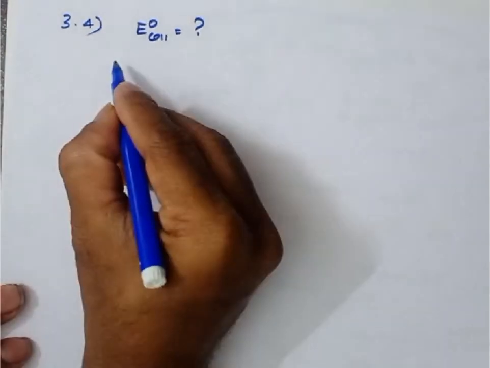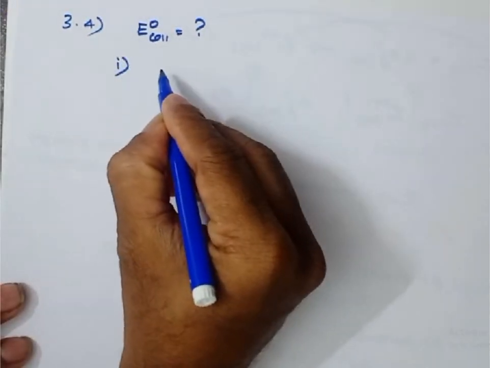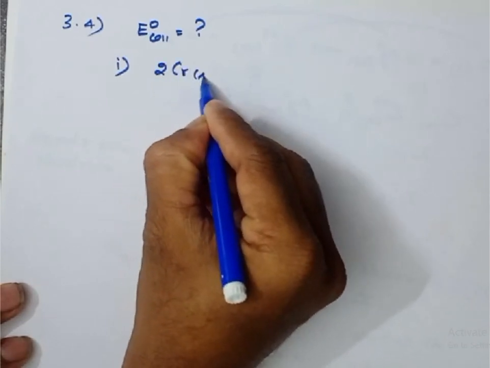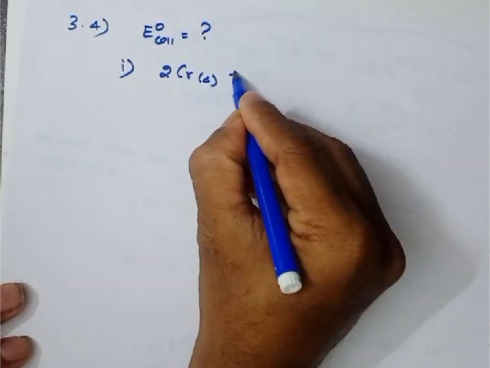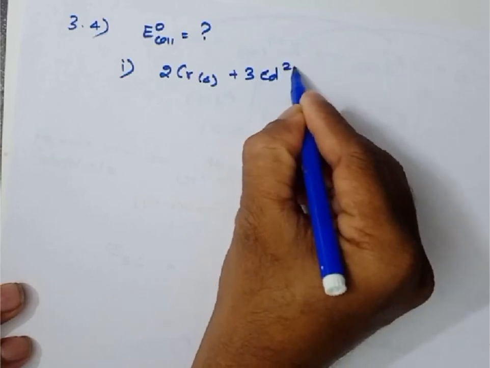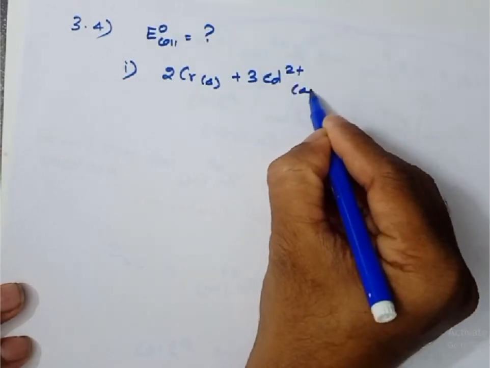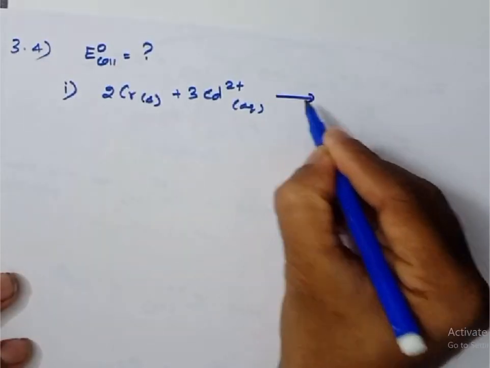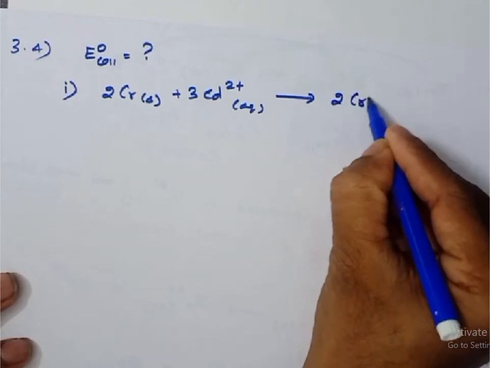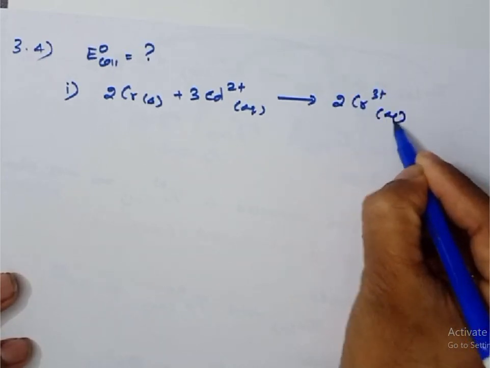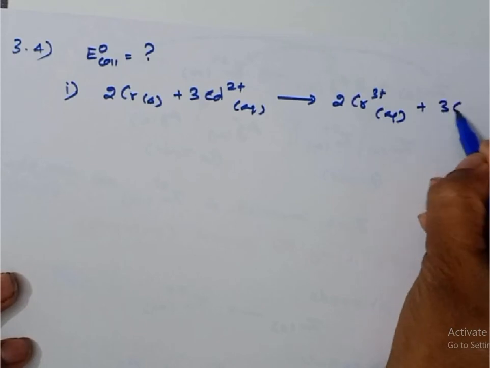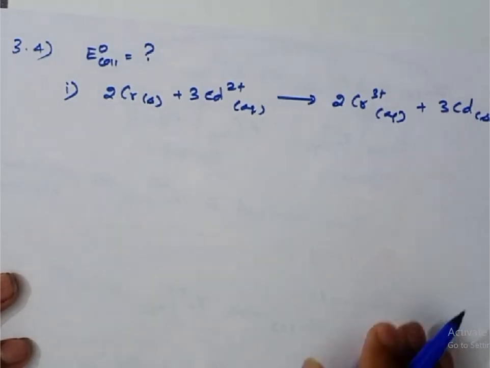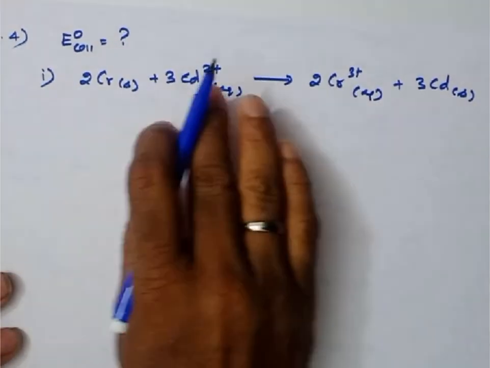Cell reaction number 1: 2 chromium solid plus 3 cadmium 2+ aqueous, giving 2 chromium 3+ aqueous plus 3 cadmium solid. This is the reaction that takes place in the cell.